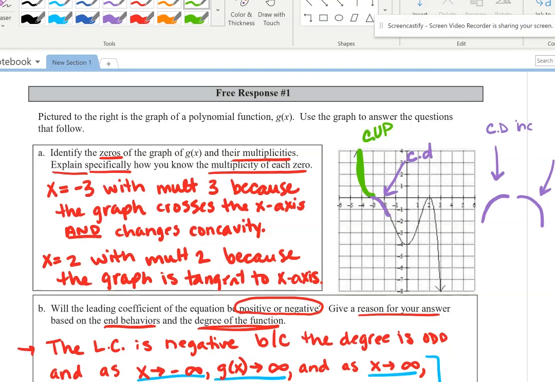And again, it's going to change concavity because we said that that was the inflection point. And then here is the other inflection point. So it's important to notice where your inflection points are. Here, here, and here. So that means we've got to be able to identify where there's a change in concavity.